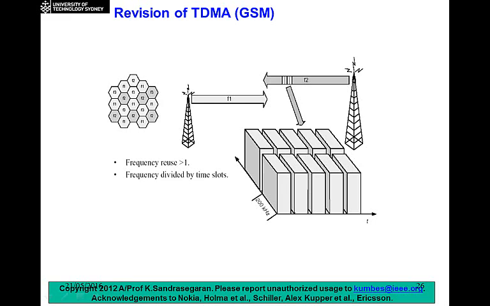So we had a frequency reuse factor greater than 1, and again on each carrier frequency we divided it in the time domain, and we created time slots, and we allocated a time slot for the use of a user.